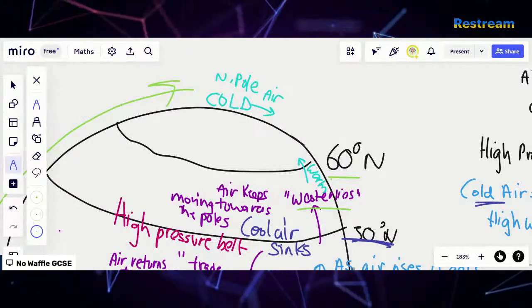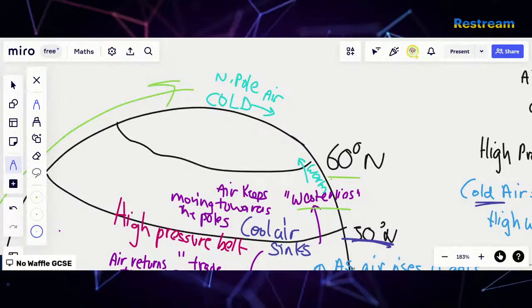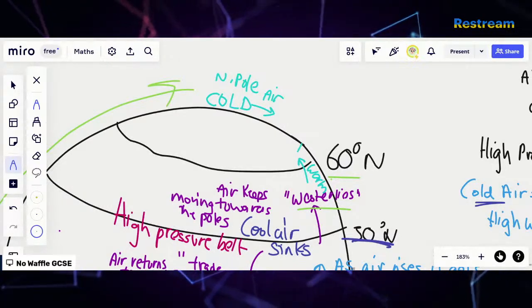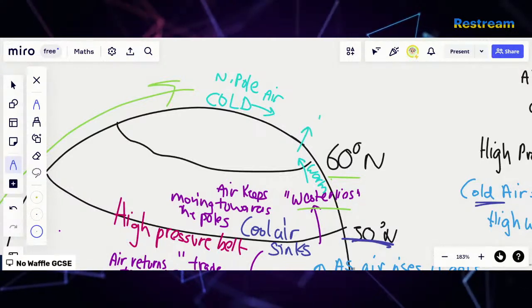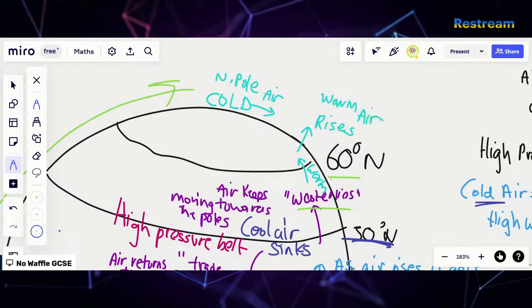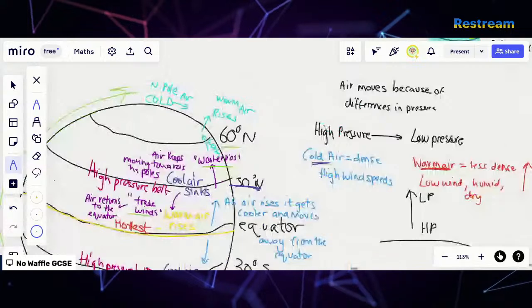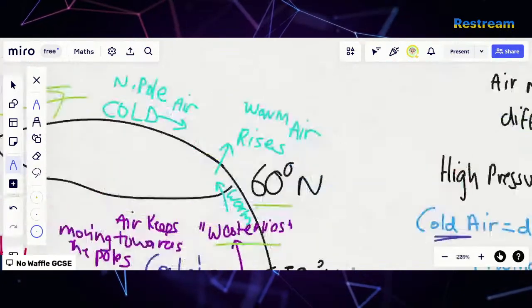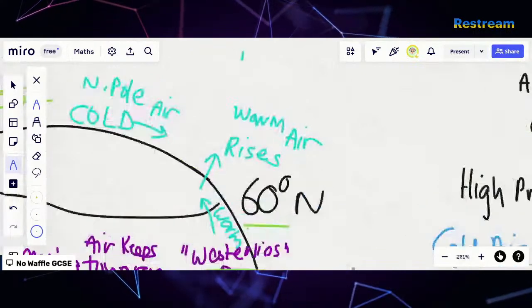And then the warm air rises, and when we see warm air rising, it creates low pressure. So at 60 degrees north, it's an area of low pressure.